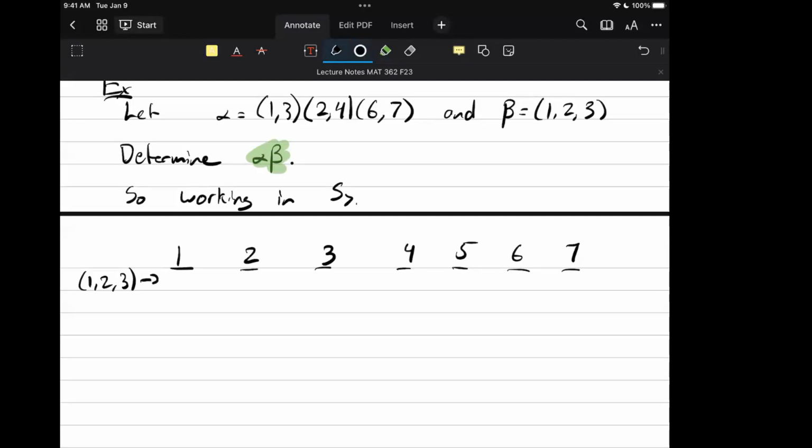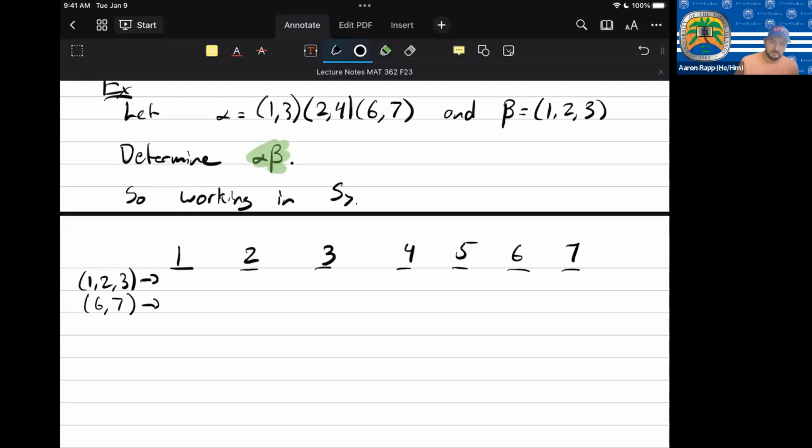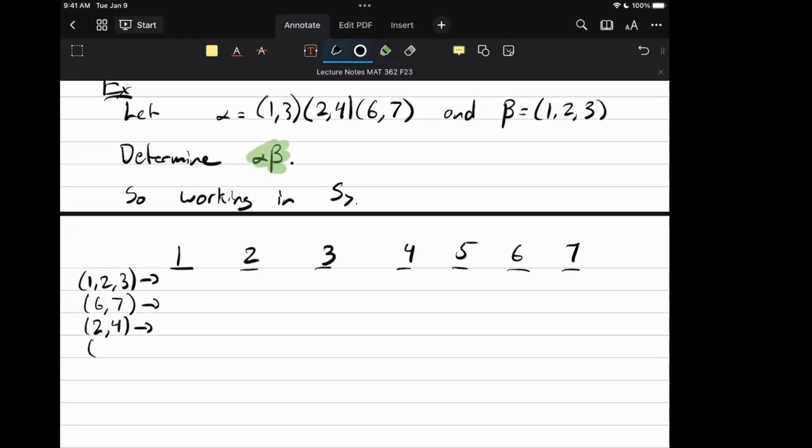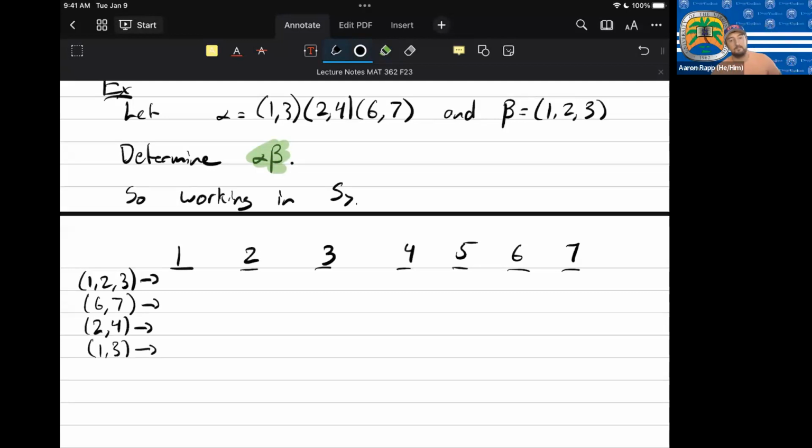6, 7. Yeah, 6, 7. That's going to create some new outputs. And then following that would be 2 and 4. And then 1 and 3.